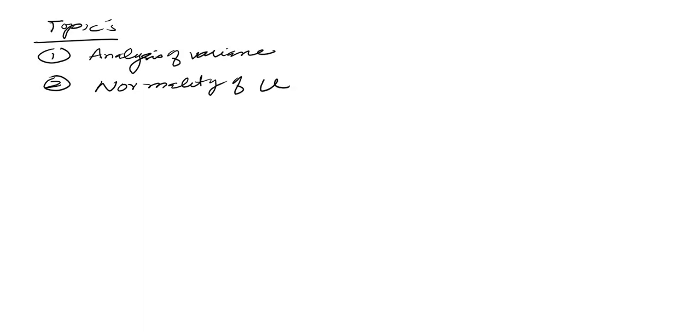And there is another subtopic, the 2T value rule. So these are the topics which I'm going to discuss today through the YouTube channel. Let's come to the first one, which is analysis of variance.